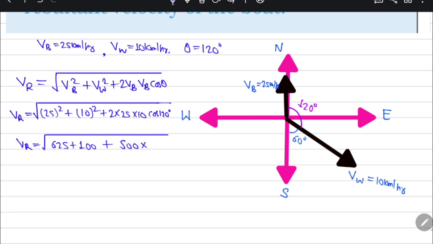Cos 120 means cos of 90 plus 30, which is minus sin 30, and minus sin 30 means minus 1 by 2.